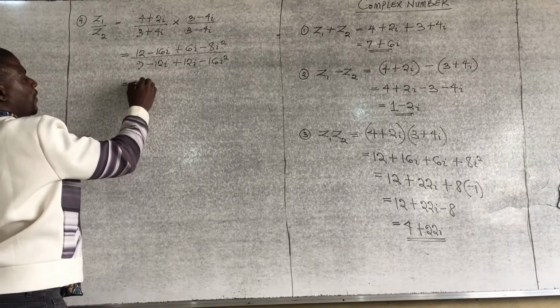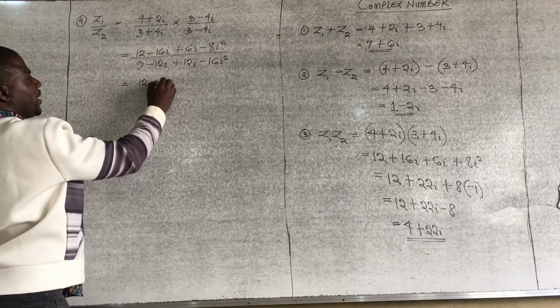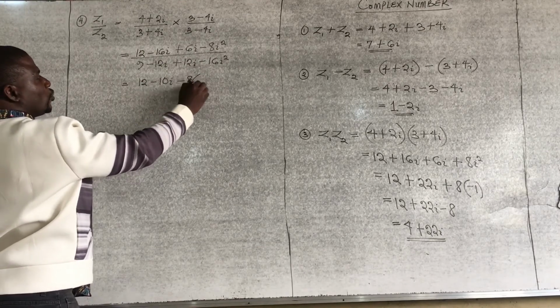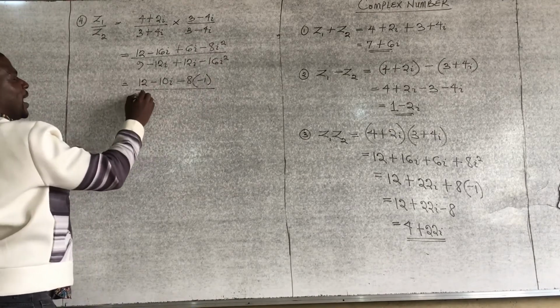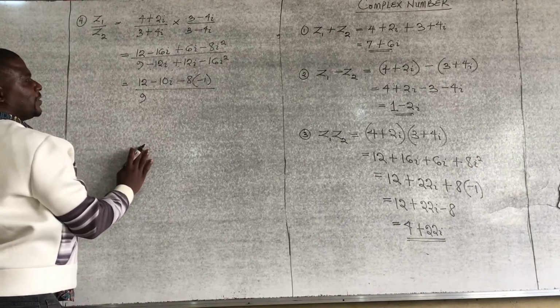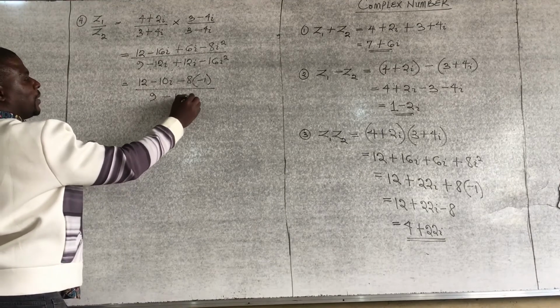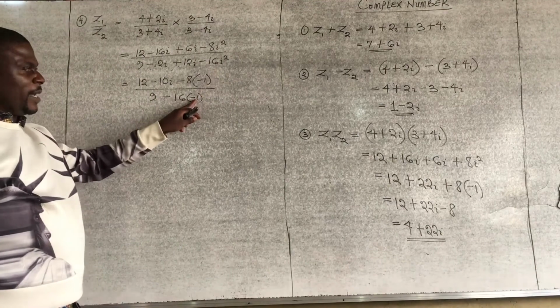So here now 12 minus 16 plus 6 is minus 10i. Then minus 8 into i^2, which is minus 1, over 9. Minus 12i will cancel out plus 12i. So I'll be left with 9 minus 16 into bracket minus 1. Why? Because i^2 is minus 1.